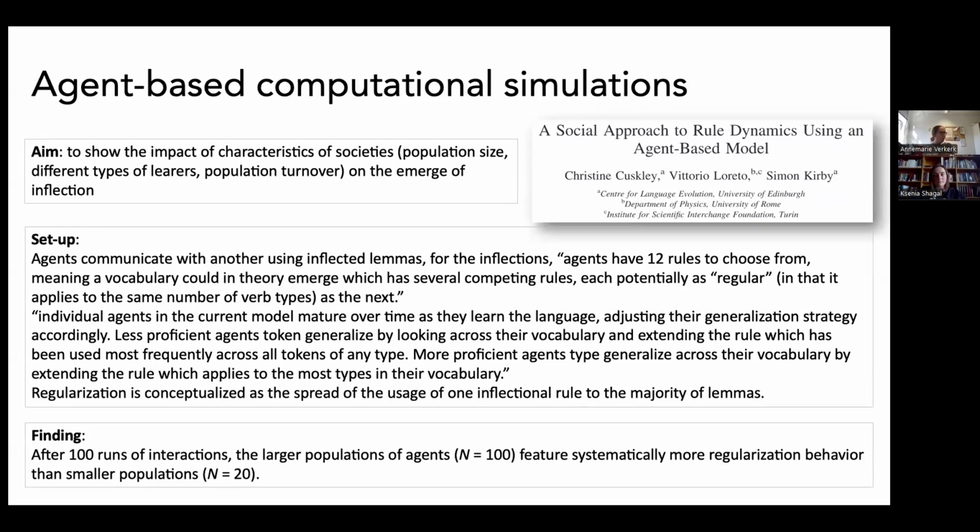And here the aim is to show the impact of characteristics of societies, basically population size, different types of learners, and population turnovers on the emergence of inflection. It's basically about irregular versus regular past tense, right? This has been, especially in English, a hot topic.